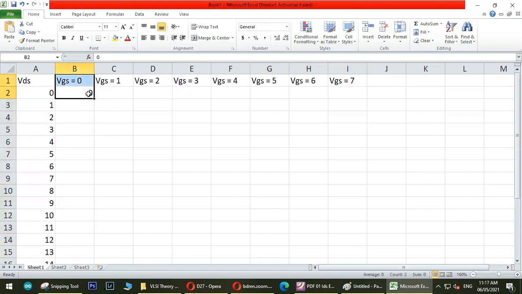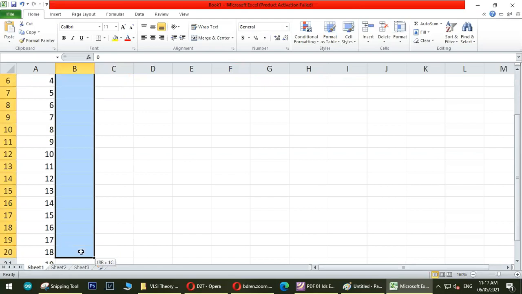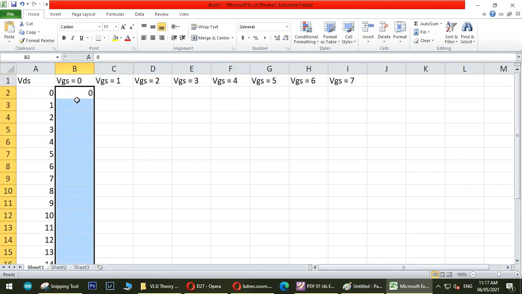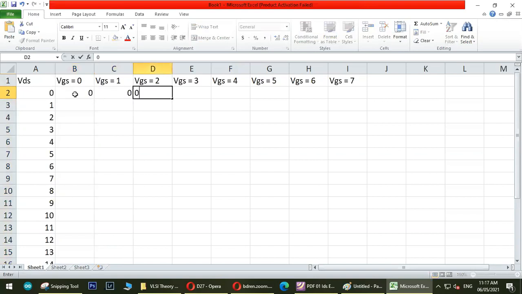So what is the IDS condition? Now look at this. If VGS is equal to 0, obviously it is less than VT. So this whole curve is in cutoff region because your VGS is equal to 0, right? So this all will be 0. Why?